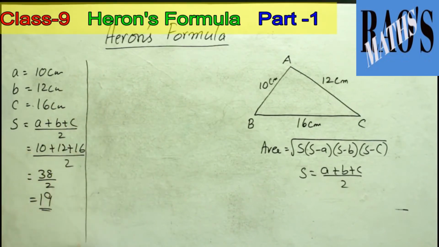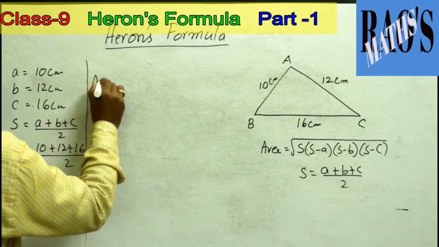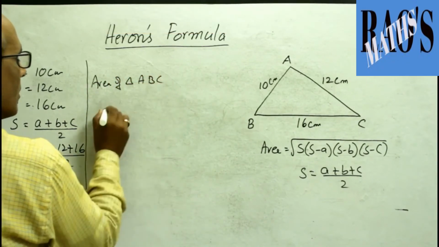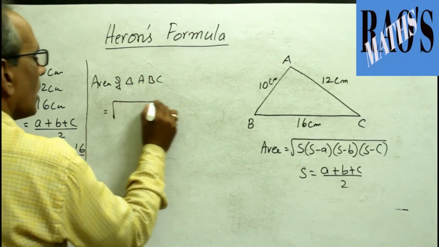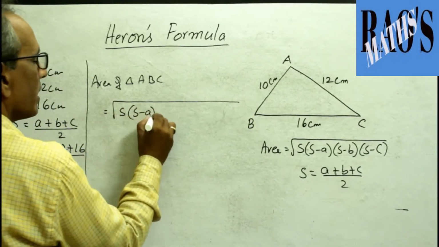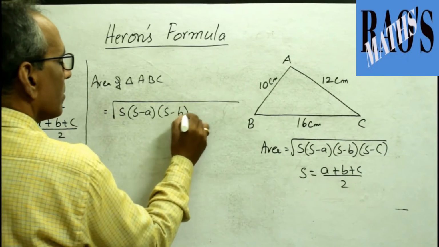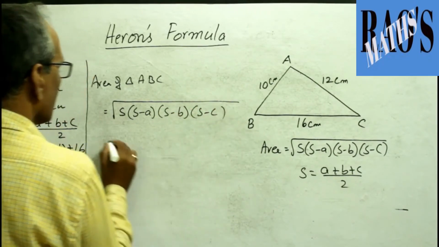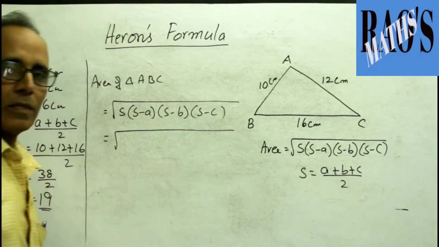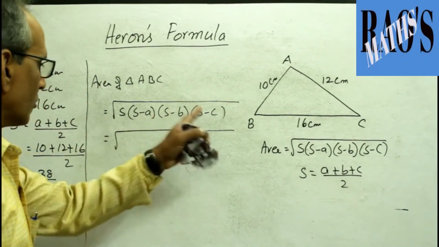Let me use the formula to find the area of the triangle ABC, which is under root S of S minus A, S minus B, S minus C. Let me substitute the values of S, A, B, C in their respective places.